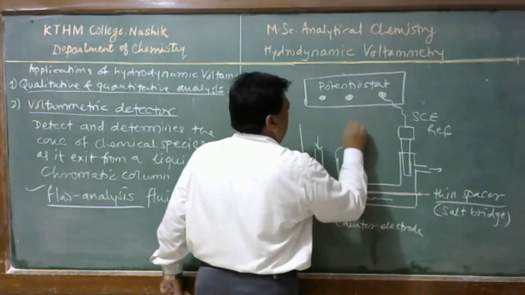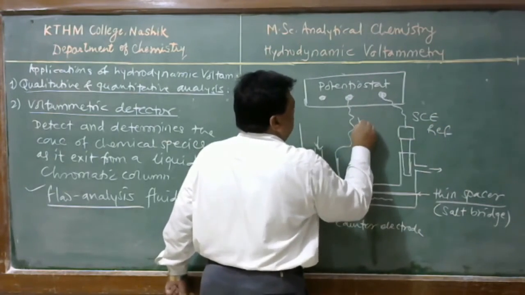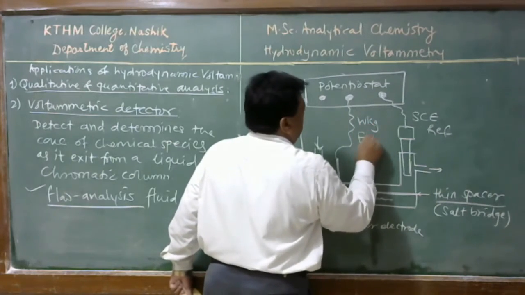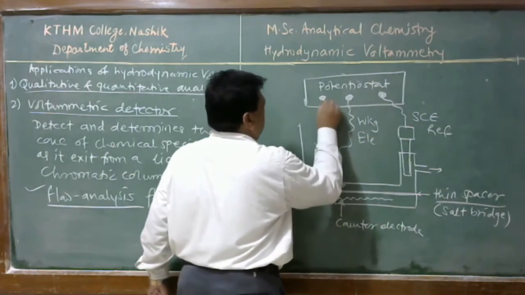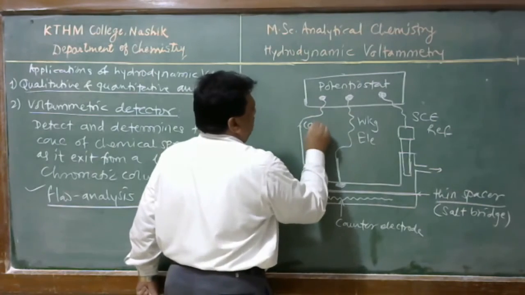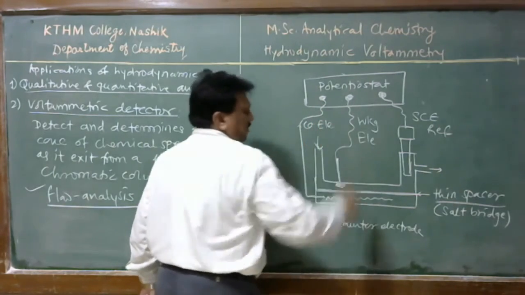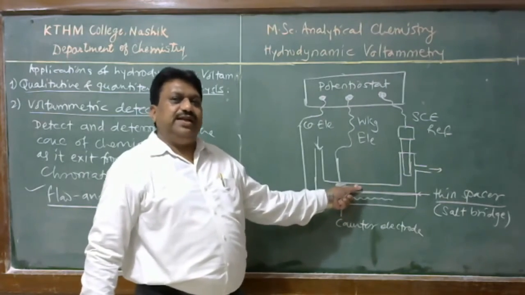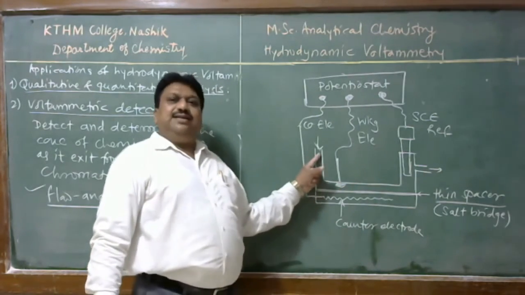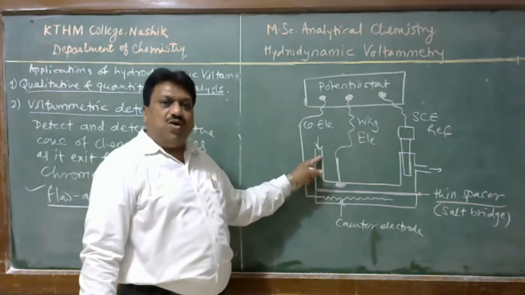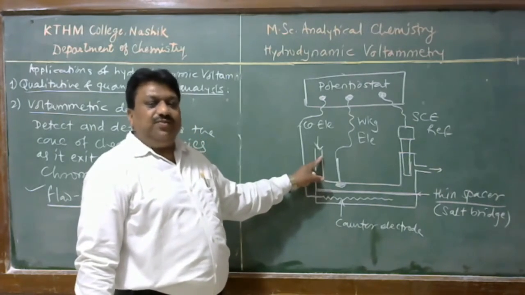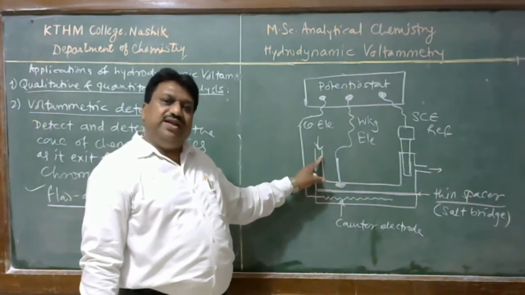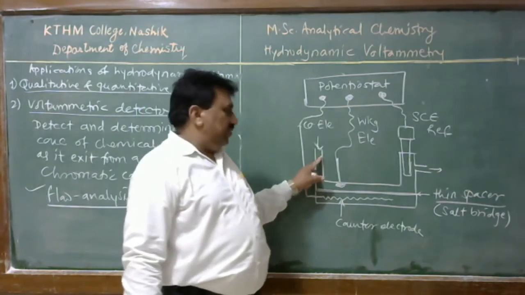This is a connection for the working electrode, and this is a connection for the counter electrode. In this fashion, this hydrodynamic voltammetric detector is constructed, and it is a very good detector for detecting the column effluent in liquid chromatography.